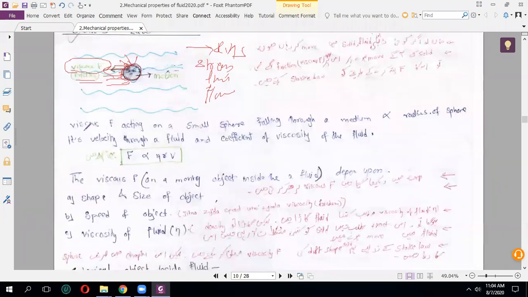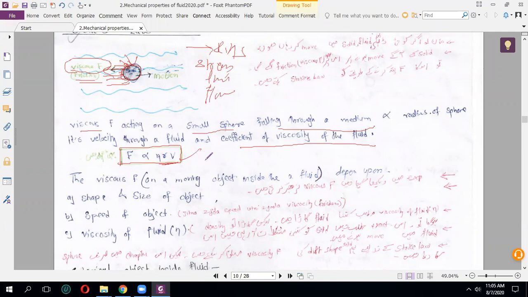So Stokes' law says the viscous force acting on a small sphere falling through a medium is directly proportional to the radius of the sphere, its velocity through the fluid, and the coefficient of viscosity of the fluid. I hope you understand this part. Now how we get this equation, no need to worry, because in your textbook they say to directly memorize this formula.